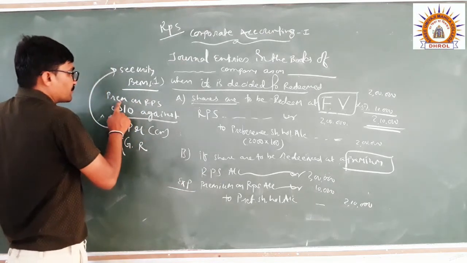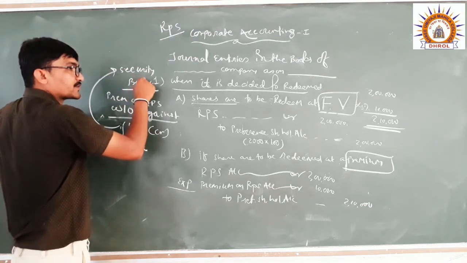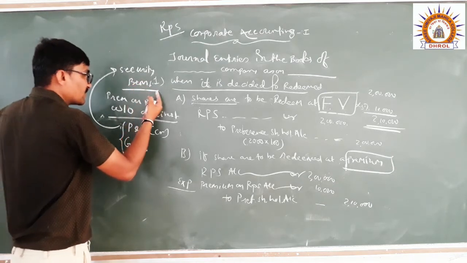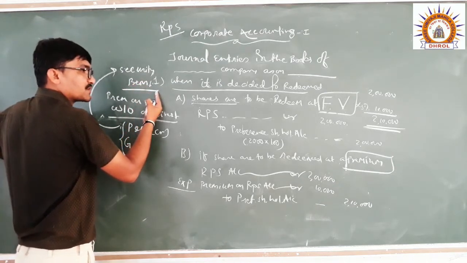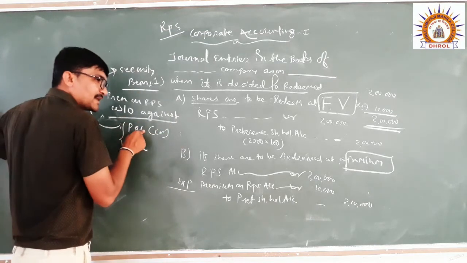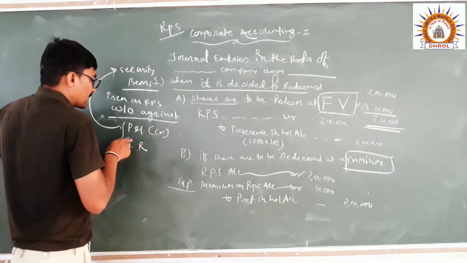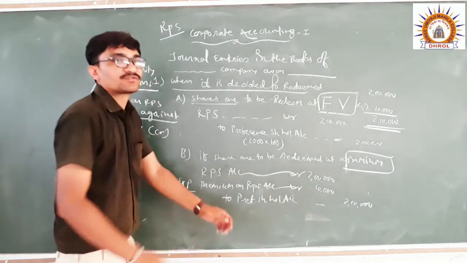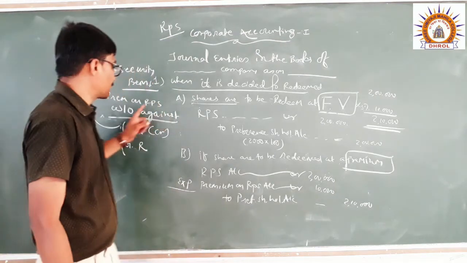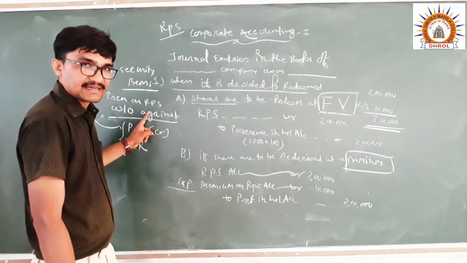So the amount of premium on RPS is written off first of all with priority to securities premium. If there is no securities premium in the books of the company, then you use the profit and loss balance if there is one, right? And if that is not given either, last you can use the amount of general reserve for the purpose of writing off premium on redemption of redeemable preference shares, right?